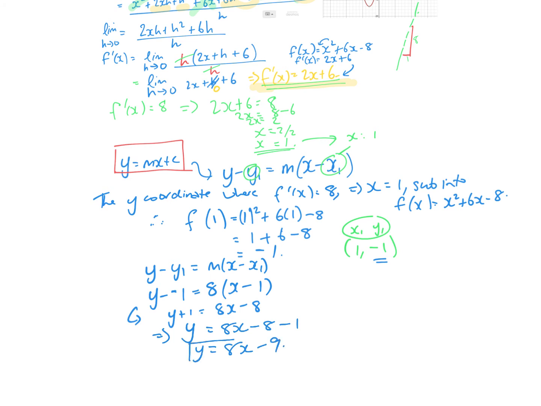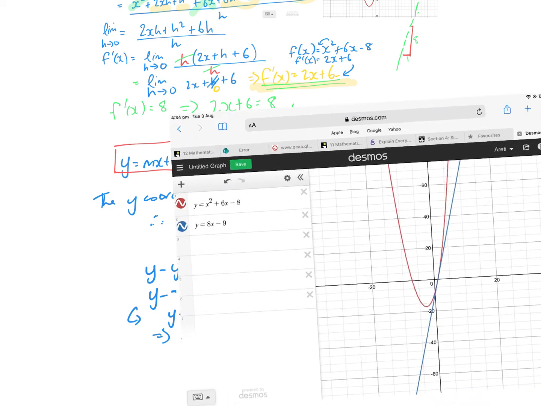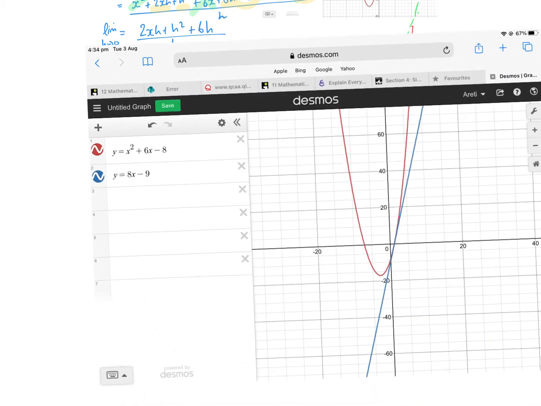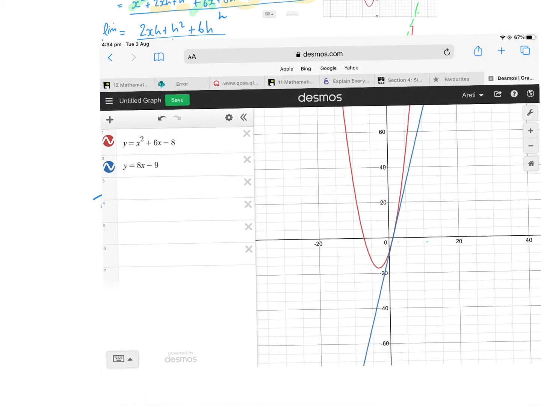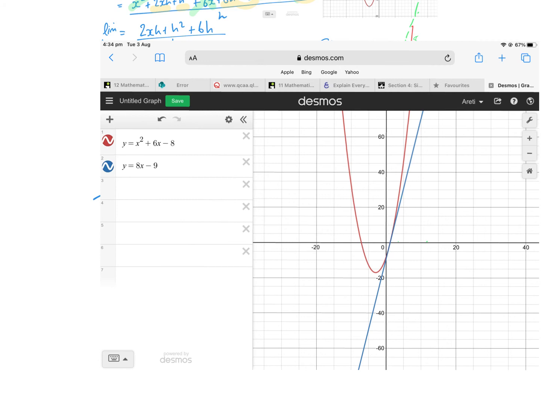So that's the equation of our line where the gradient is 8. I've entered this equation for the straight line into Desmos, and next to the original line I can see that this equation certainly runs through the point 1, -1, and also it has 8 for the m in front of it, so that's its gradient.